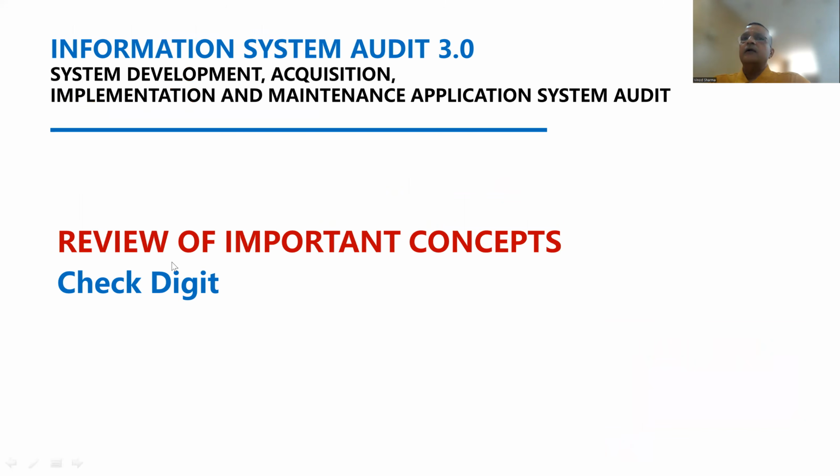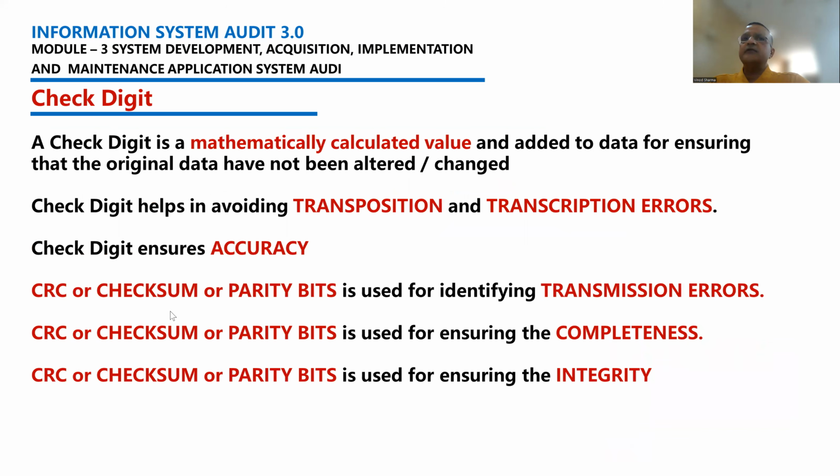Now we review an important concept, that is the check digit. Check digit is basically a mathematically calculated value added to data for ensuring the original data has not been altered or changed. Now the name itself says check digit.